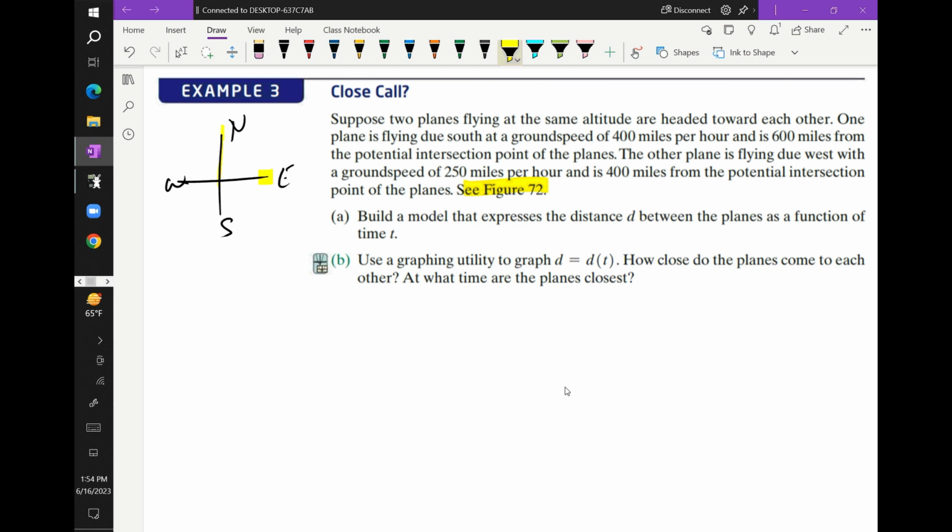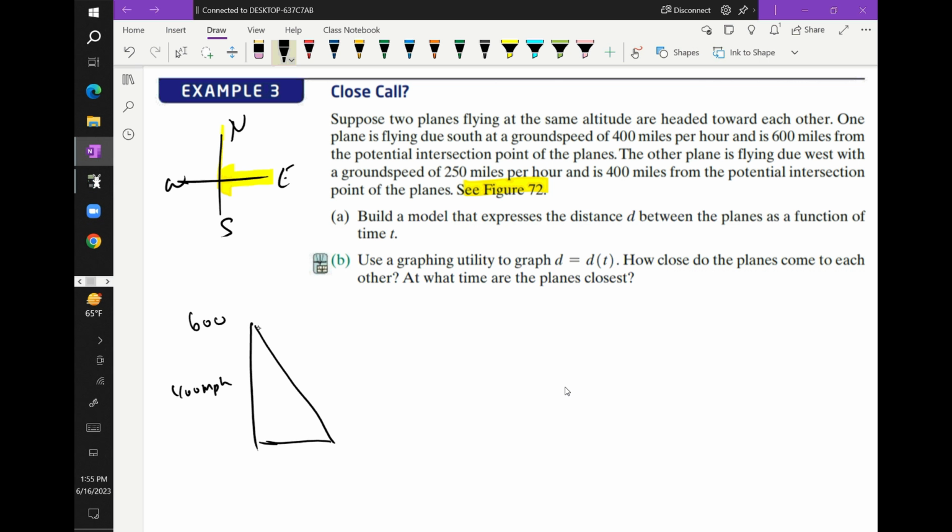We've got a plane traveling that direction. And so what we end up with then is a plane going here, plane going here, and the distance between them would be that value. So what we also know is we've got a ground speed of 400 miles per hour, and we also know that this distance overall we were told is 600 miles.